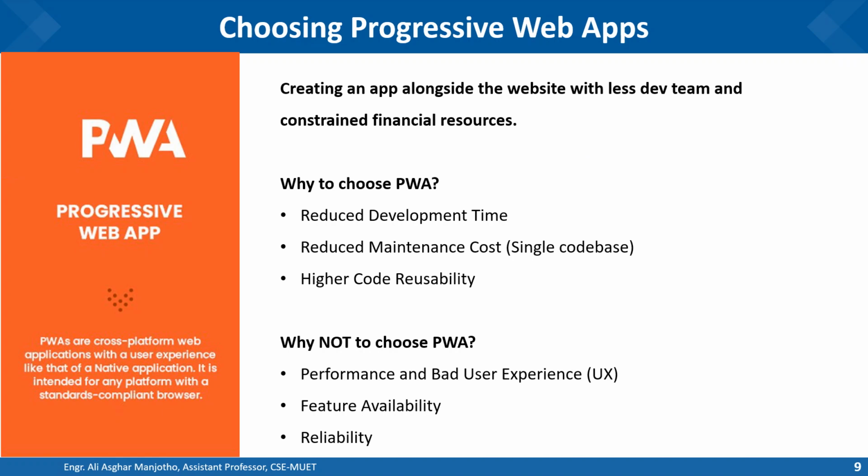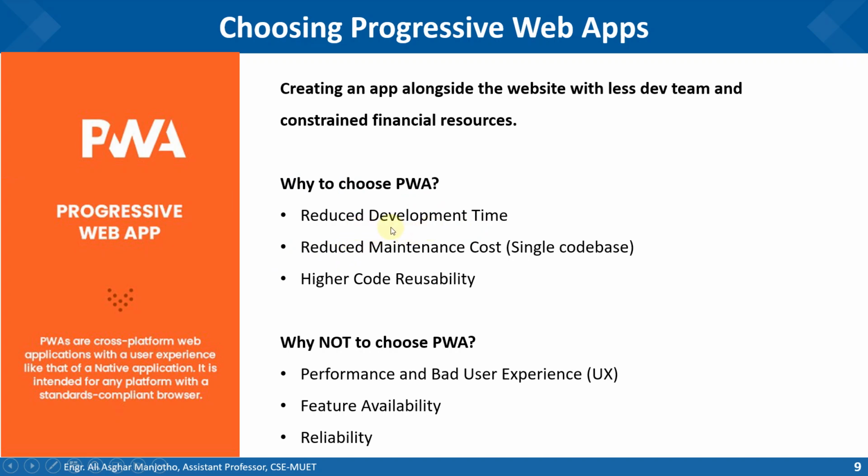Then we may go for the progressive web app. So these are the things to consider when selecting progressive web apps, and these are the pros of this type of application: the development time is very much reduced as compared to native apps.